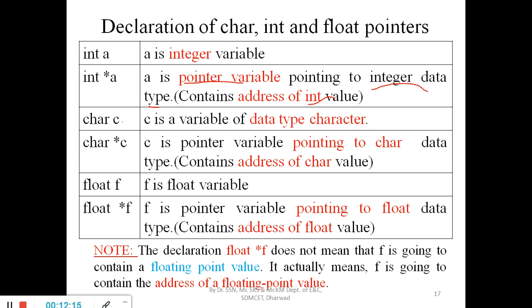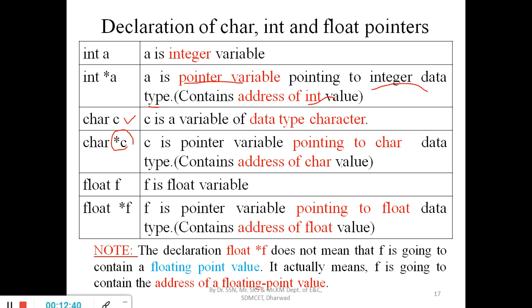Now you already know what is char c. So c is nothing but a variable of data type character. Now I try to write char star c. What does star c represent? It is also a pointer variable pointing to a character data type.